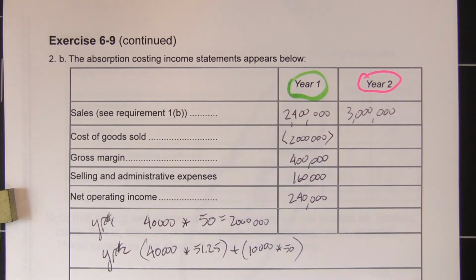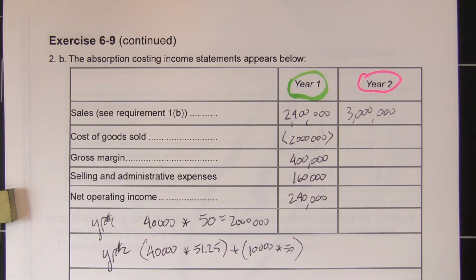That's the key that you have to remember. You can't say you sold 50,000 at $51.25. You didn't. You only made 40,000 at that price. Likewise, you can't say you made 50,000 at 50 because you didn't. So you have to keep track of that.